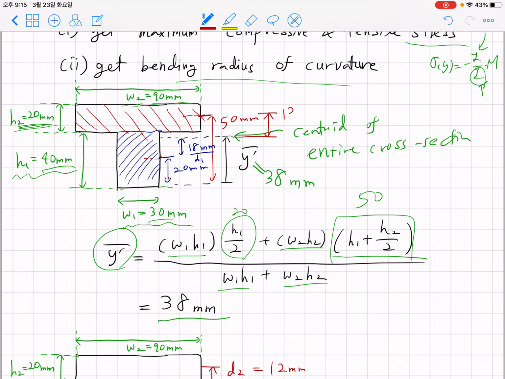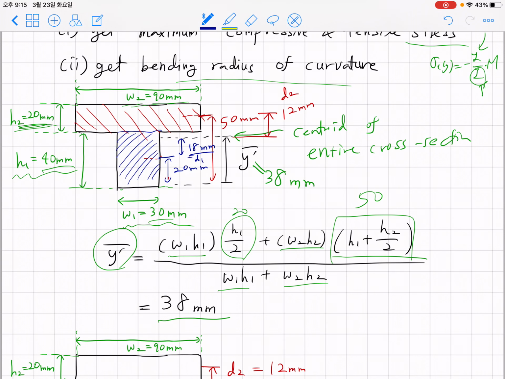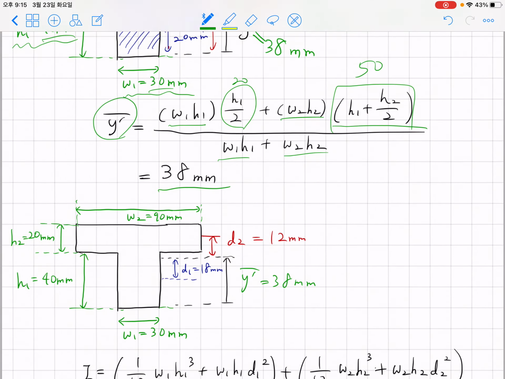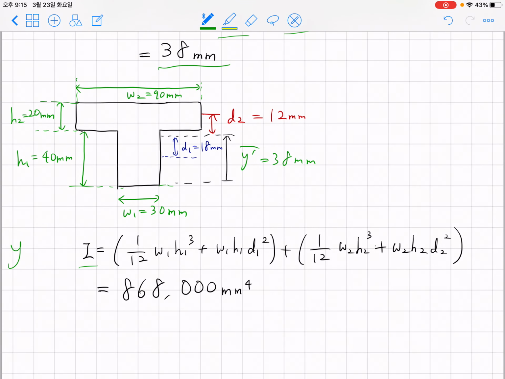D2 is 12 millimeter. This is D2. After identifying the D1 value and D2 value, you can apply our previous knowledge. When we obtain the integral of y squared dA where y equals 0 is here, you apply the parallel axis theorem.